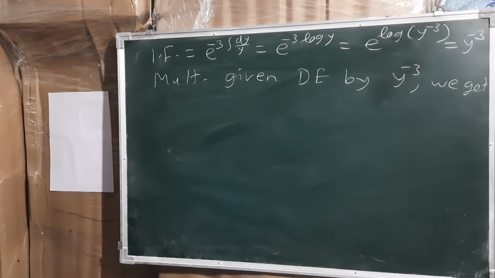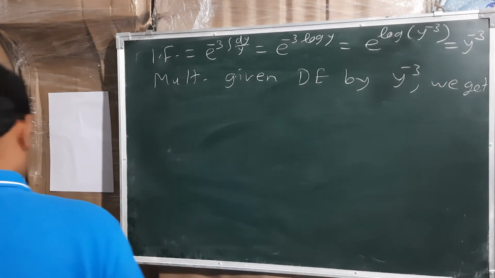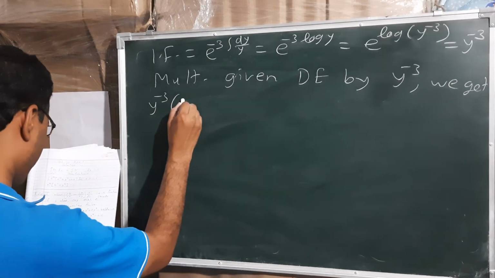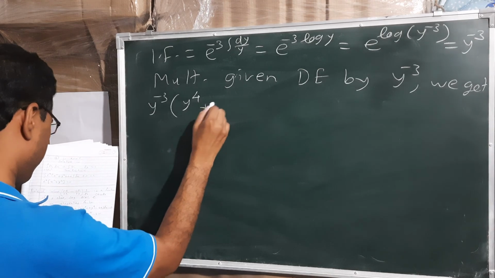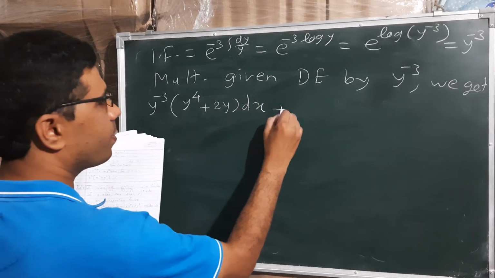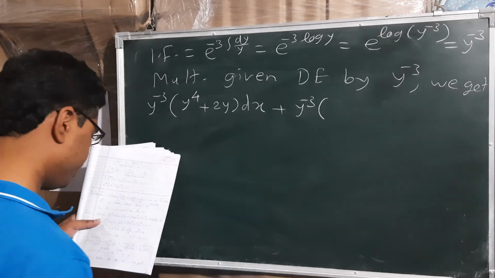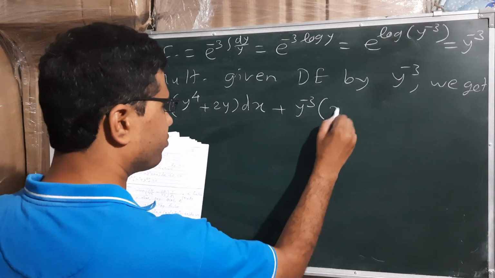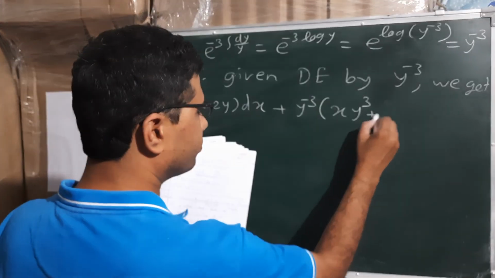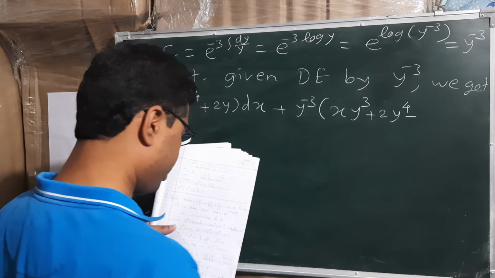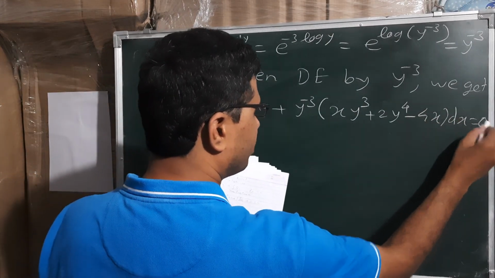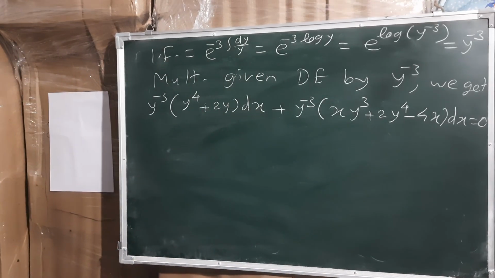Multiplying the given differential equation by y raised to minus 3 we get y raised to minus 3 into (y raised to 4 plus 2y) dx plus y raised to minus 3 into (xy cube plus 2y raised to 4 minus 4x) dy equal to 0. We can further simplify.